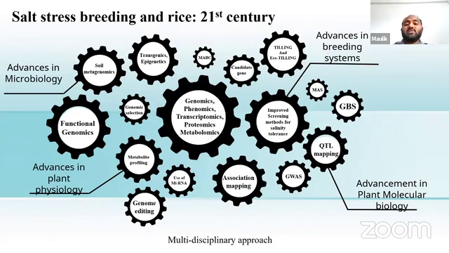Using marker assisted backcross breeding, genomics, phenomics, transcriptomics, proteomics, metabolomics, candidate gene, TILLING, EcoTILLING, association mapping, GWAS, QTL mapping, GBS, transgenics, soil metagenomics, functional genomics, genome editing, RNAi, genomic selection. These are all the techniques currently used by scientists to develop salt tolerant varieties.